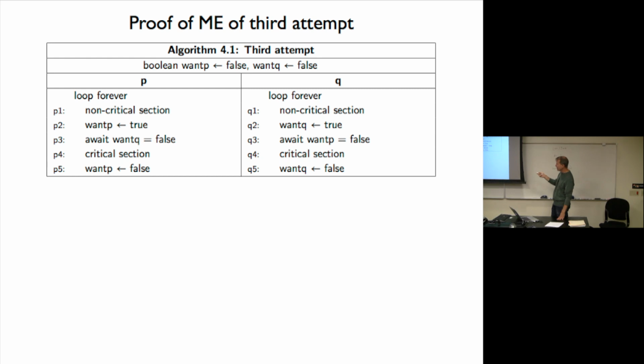If P is trying to get in, but Q is trying to get in, we await want Q. Then the critical section, and the post protocol is want P gets false. This obviously has a flaw. Do you remember what the flaw was in our third attempt? But what we're going to do is prove mutual exclusion for this, just so that we can see how to reason about concurrent programs using logic. Is everybody clear? All right.